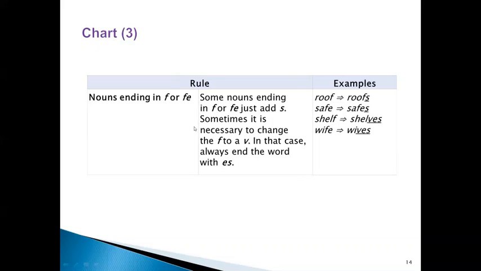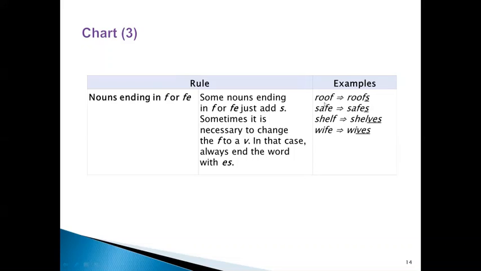So the f and fe in the singular at the end of the noun, we should change them: f into v and fe into ve, and then we should add es or s.